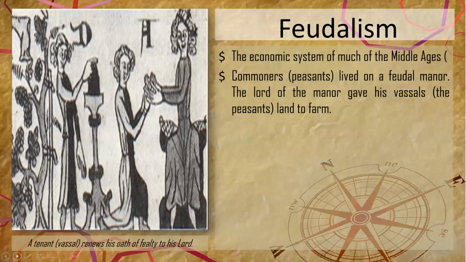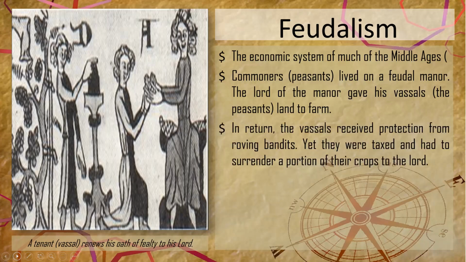So what's happening is these peasants are being protected by their lords, right? In exchange for their protections from other tribes, from other people. Right? So in return, the vassals receive protection from bandits or from other tribes, as mentioned.